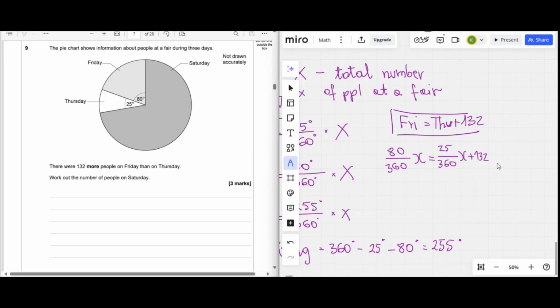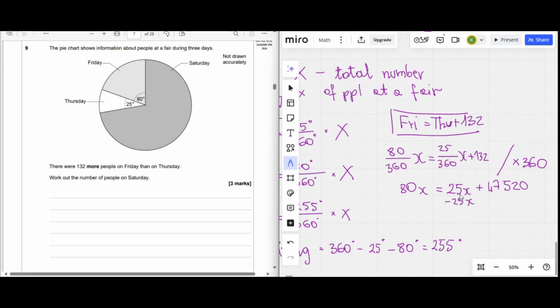And here we can multiply everything by 360 to get rid of the fractions. So the first thing times 360 will be just the numerator, 80x. On the other side, that would be 25x plus, and then we need to multiply 132 times 360 is 47,520.